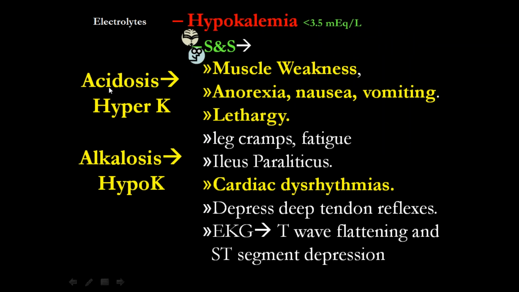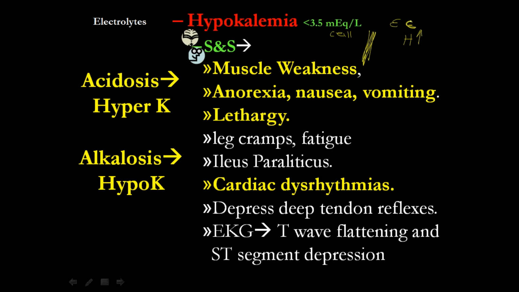All right, so here we have metabolic acidosis and metabolic alkalosis. In metabolic acidosis, you can see hyperkalemia, and in metabolic alkalosis, you can see hypokalemia. What happens here is that this is the cell, and you have high levels of hydrogens in the extracellular space.